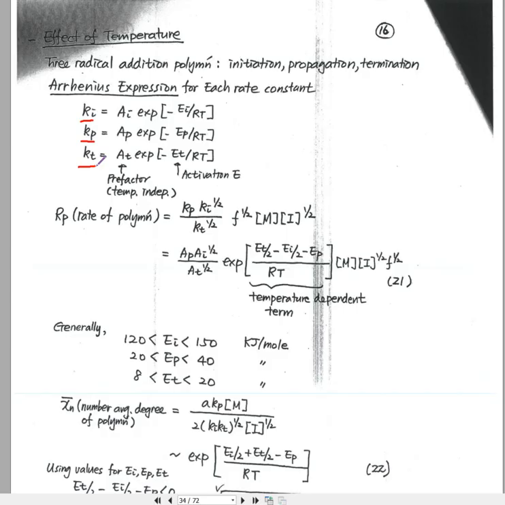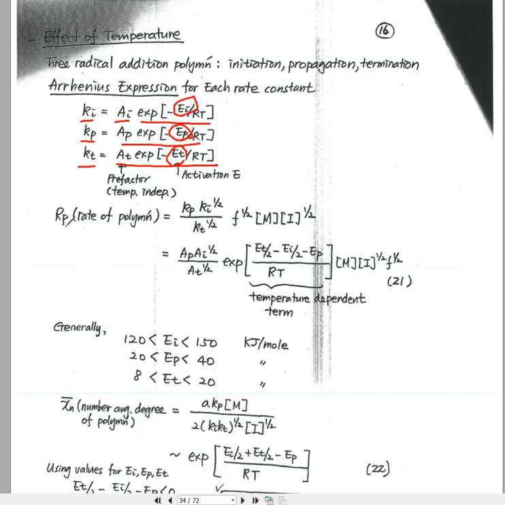As you learned from general chemistry or reaction engineering class, this rate constant follows the Arrhenius equation: pre-exponential factor times exponential of minus activation energy over RT. So for each rate constant, there is an activation energy for initiation, propagation, and termination.